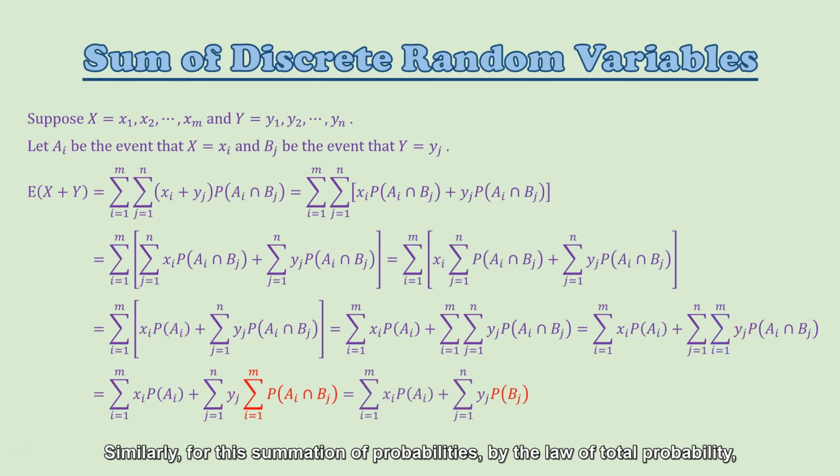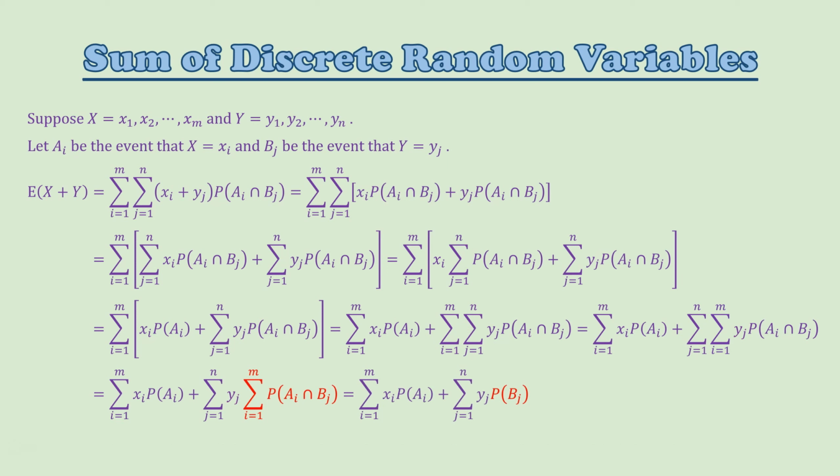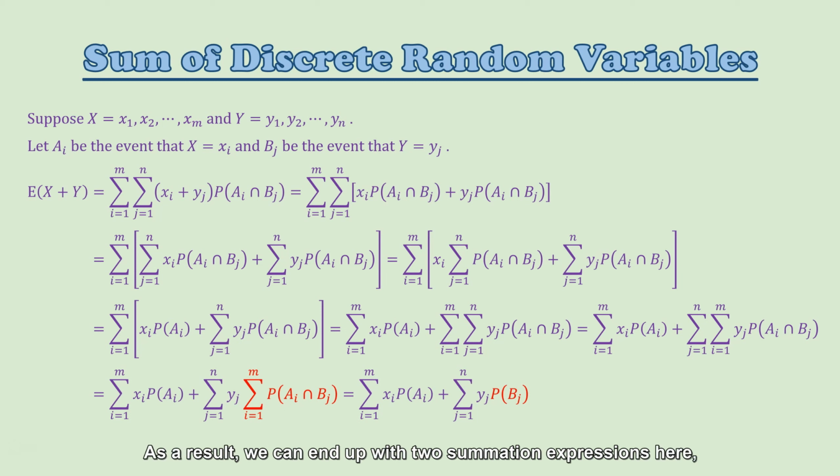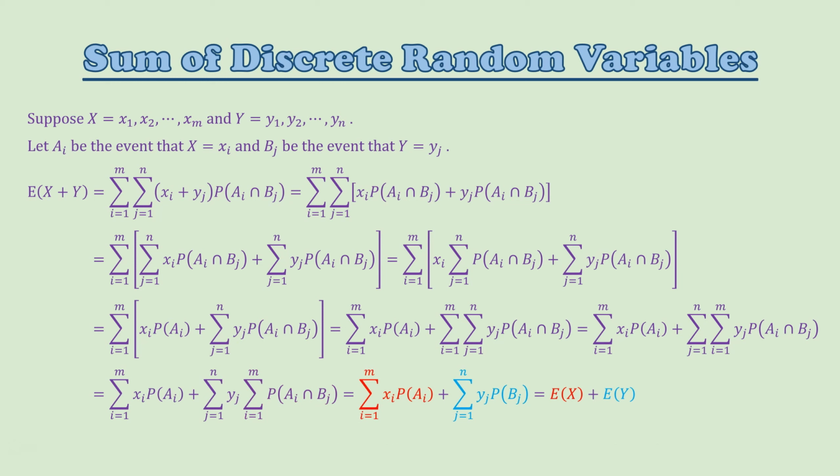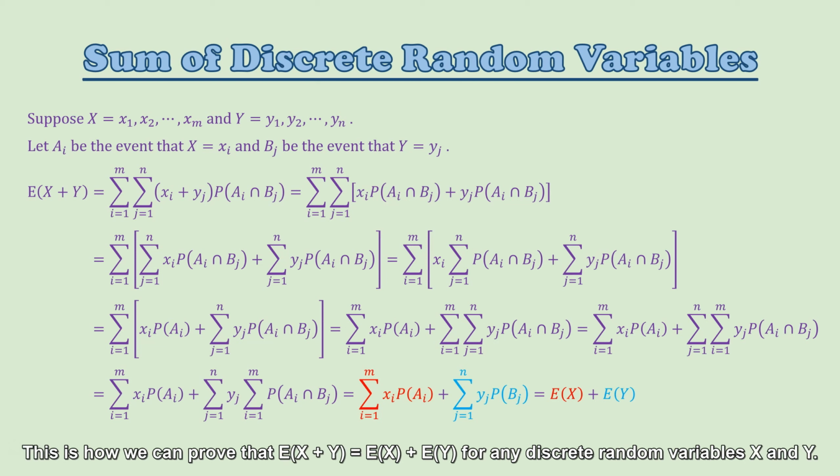Similarly, for this summation of probabilities, by the law of total probability, it is just equal to the probability of Bj. As a result, we end up with two summation expressions here, and they are actually equal to the expectation of X and the expectation of Y respectively. This is how we can prove that the expectation of X plus Y is equal to the expectation of X plus the expectation of Y for any discrete random variables X and Y.